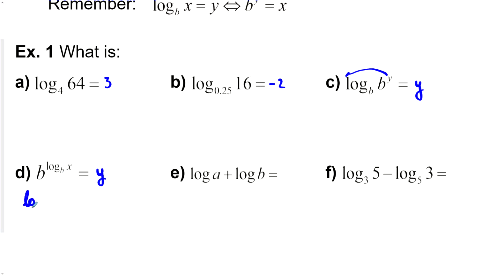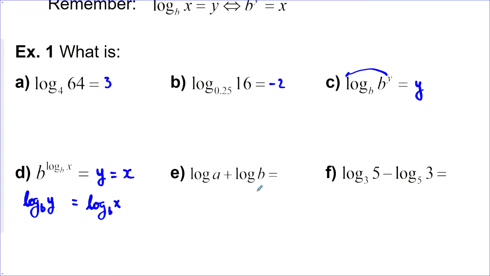So I will say log base b, that would be this base right here, and there's the argument of the log function, and that would equal the exponent goes on this side of the equation. And now we see that everything's the same, so y must equal x, so this just equals x. So that's a good thing to remember if you have this scenario.